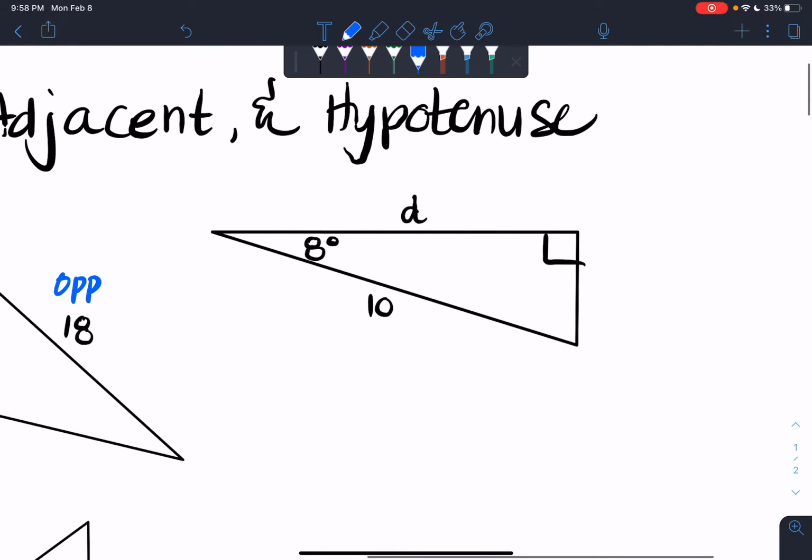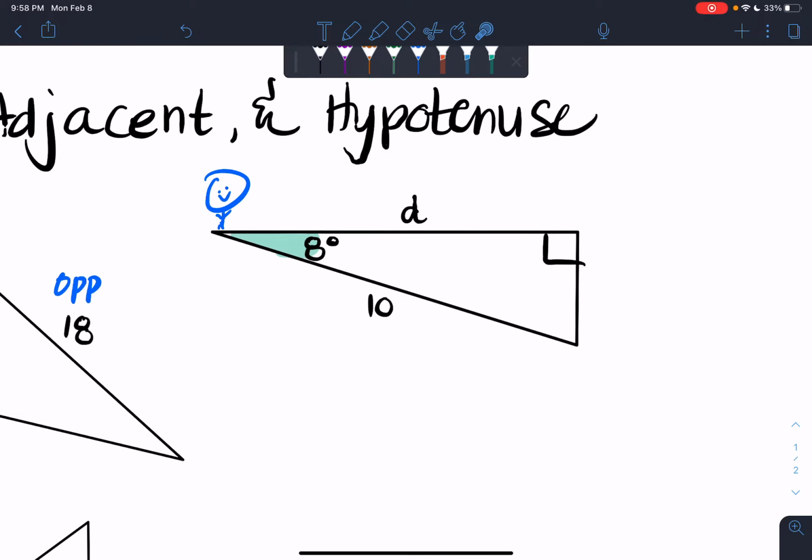Over here, our reference angle is 8 degrees, so that is where we're standing. Now comparing D and 10. Be careful here. D and 10 are also right next to where we're standing. So they're either going to be adjacent or the hypotenuse.